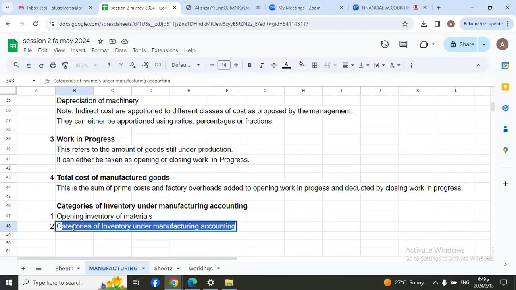So secondly, we shall have closing inventory of materials.